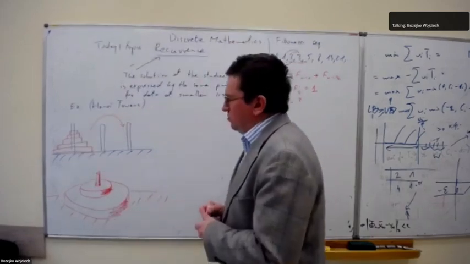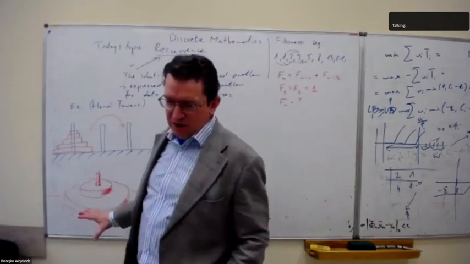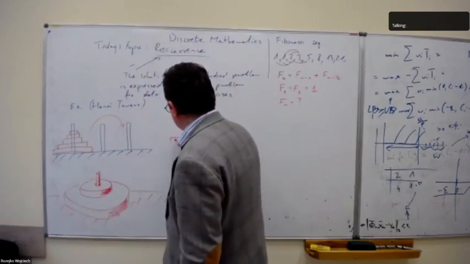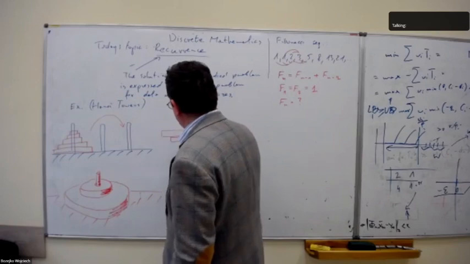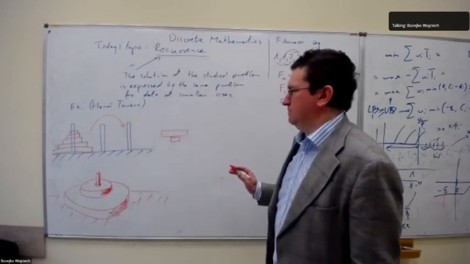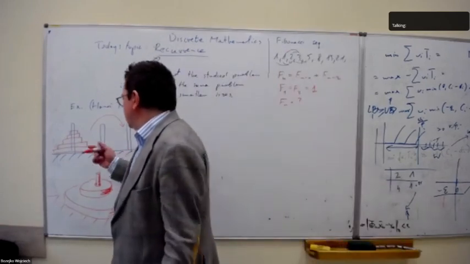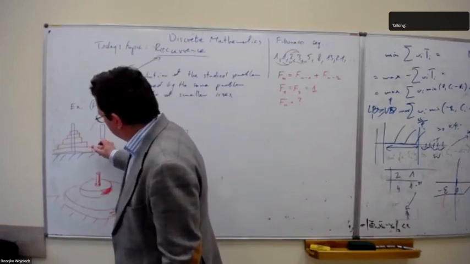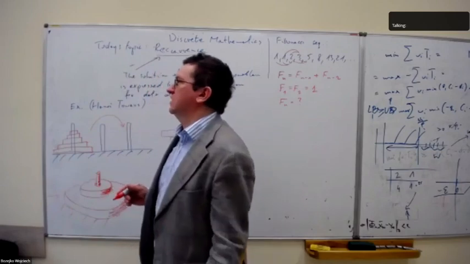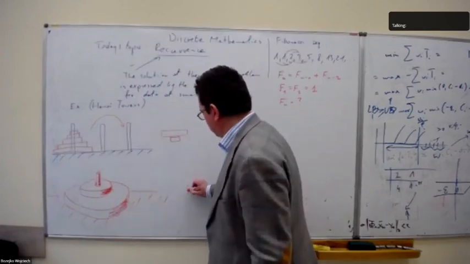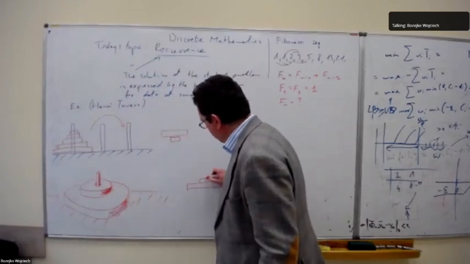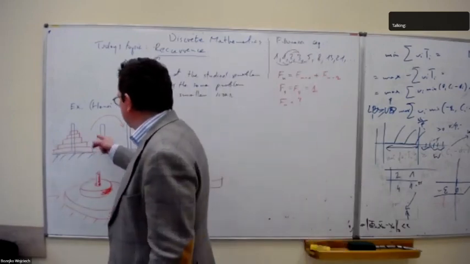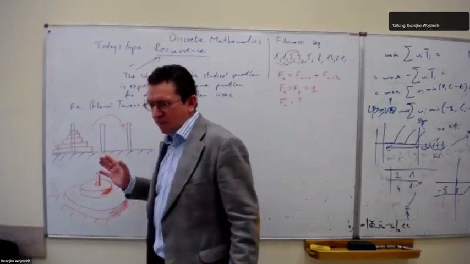Okay, so we can put a smaller one on the bigger one. A situation like this is forbidden. And the difference need not be just one. That means we can put, for example, on such a big one a smaller one like this. So this is possible, but the question is how to transfer them to the third one.